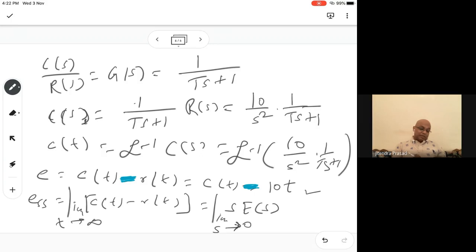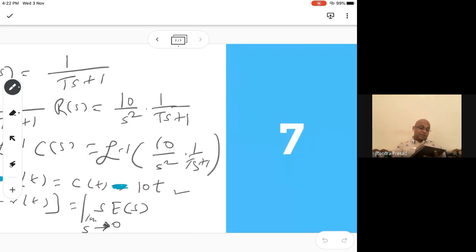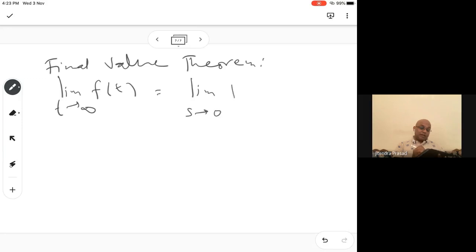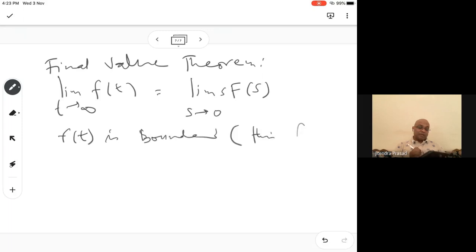As we know, this comes from the final value theorem, and it will be covered in the lecture. The final value theorem says that for any function f(t), the limit as t tends to infinity is equal to the limit as s tends to 0 of s times F(s), provided, of course, f(t) is bounded, or has a finite value.